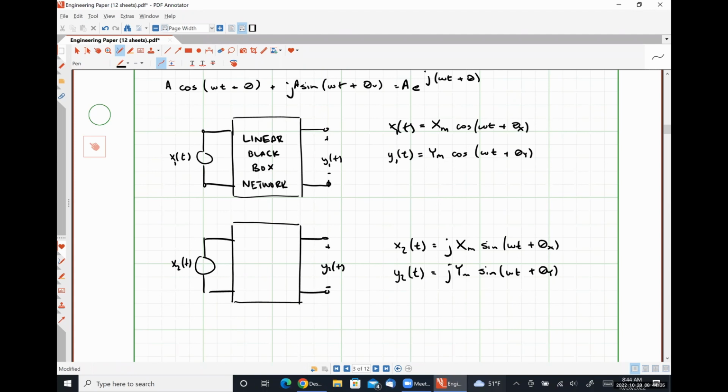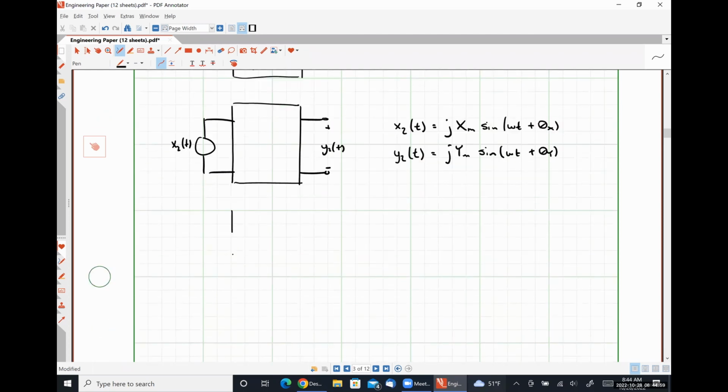Now we're going to apply the other principle of linearity, the additivity principle, or what you guys commonly know as superposition. If I apply both of these inputs individually, it should give me the same output as if I had applied them both at the same time.